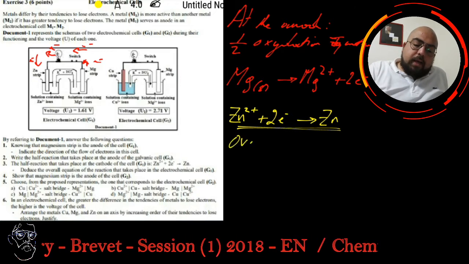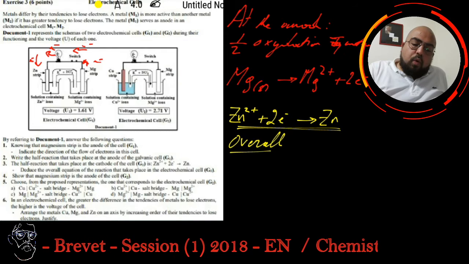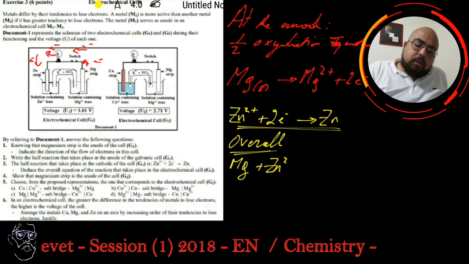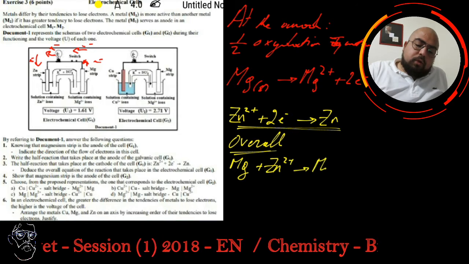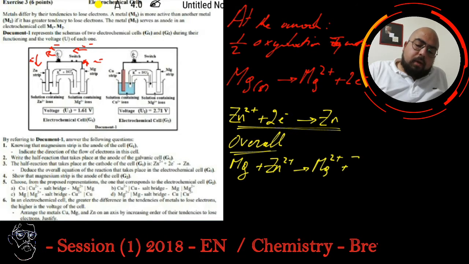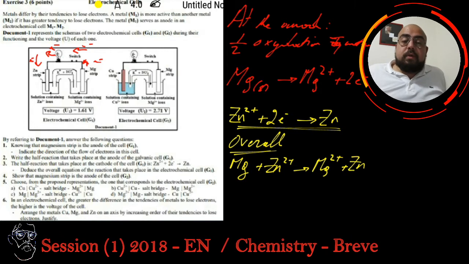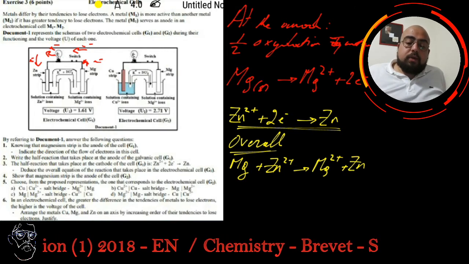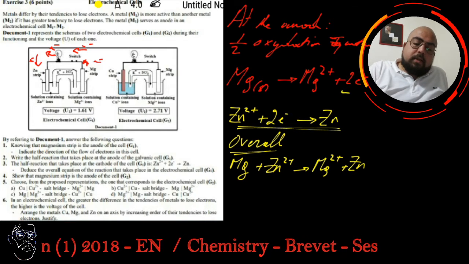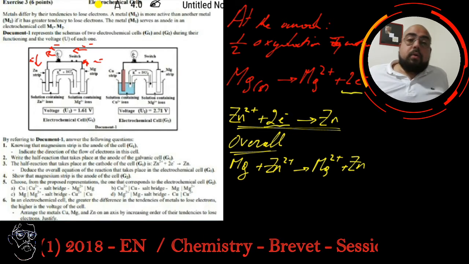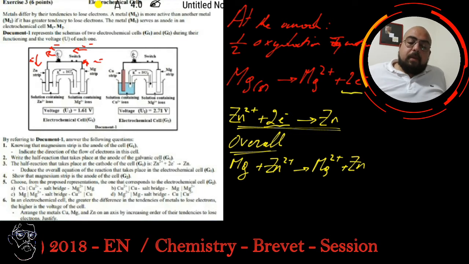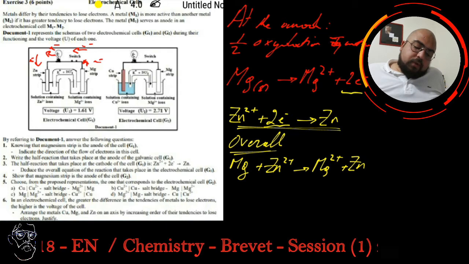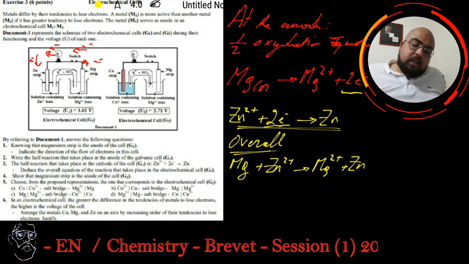The overall reaction will be Mg plus Zn2+ gives you Mg2+ plus Zn. Since you have 2 electrons on the right side and 2 electrons on the left side, you can simply cancel them out.